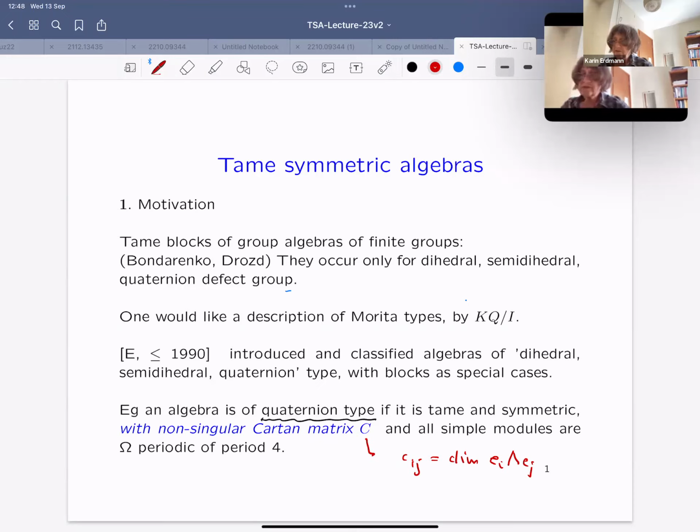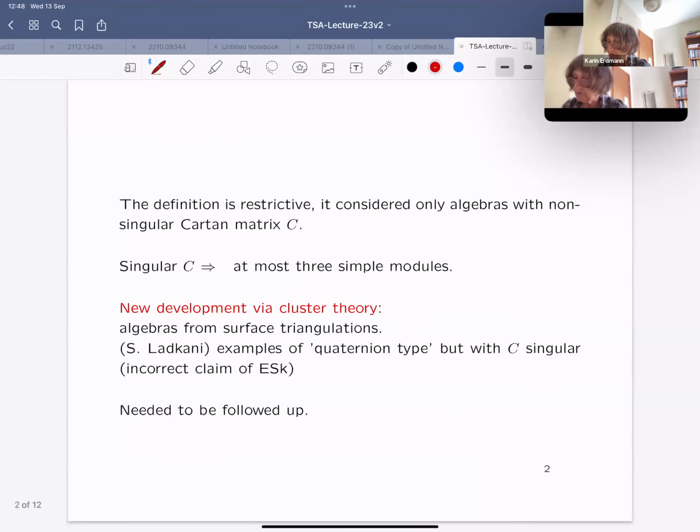This condition on the Cartan matrix comes from group theory, and it is very strong because you can deduce from that there are only a few simple modules, which was of course known for group representations. However, in some sense, it makes life easy.